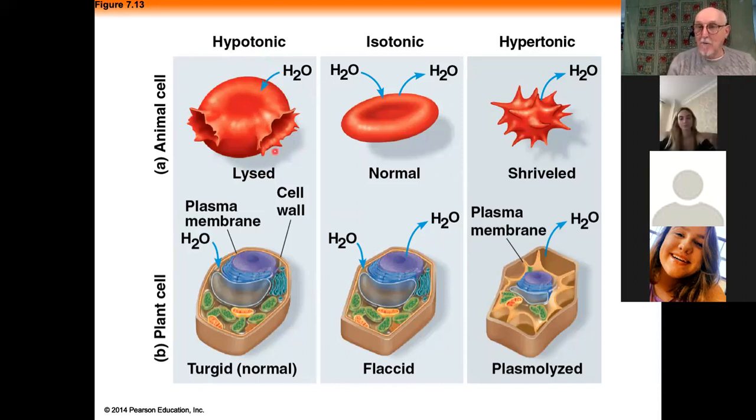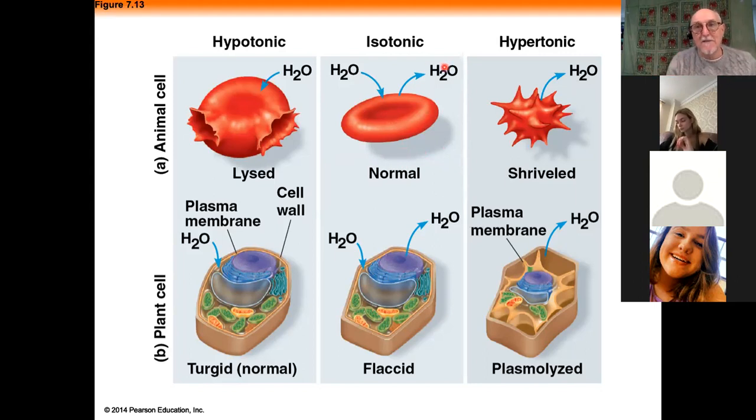Fortunately, in our bodies, our red blood corpuscles actually swim in a fluid which is isotonic. That is, it has as much solute outside as it has inside. As a result, in an isotonic situation, it's not that water movement stops. It's that as much water as moves in will move out.